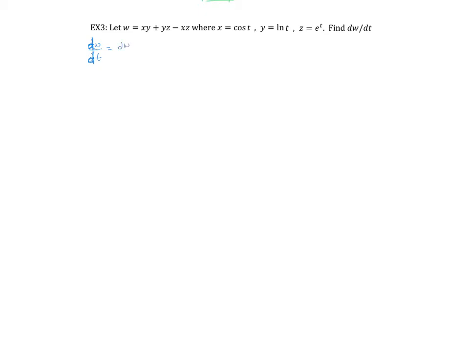I'm going to have the partial of w with respect to x times dx dt, plus the next branch would be the partial of w with respect to y, dy dt, plus third branch would be the partial of w with respect to z, dz dt.